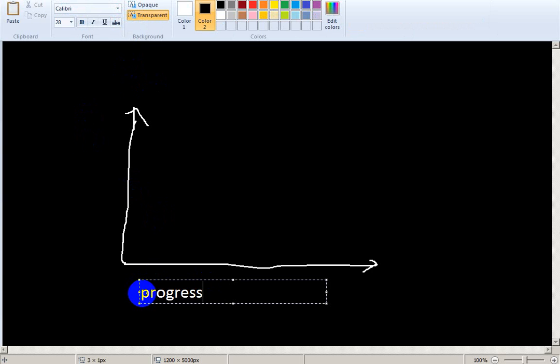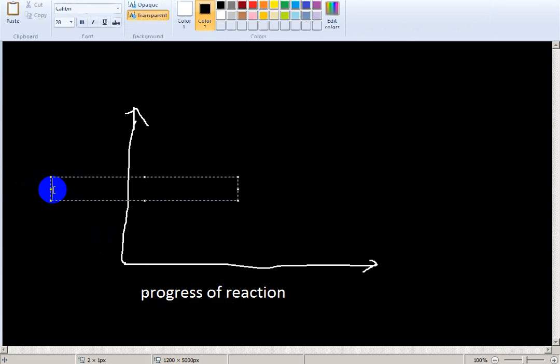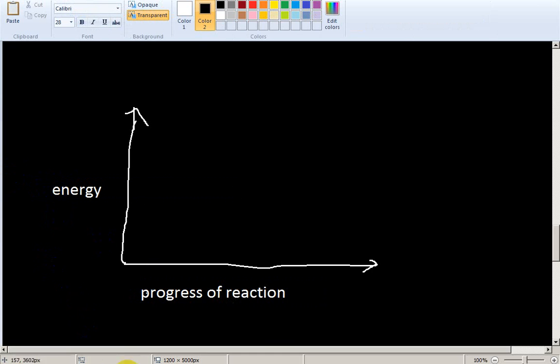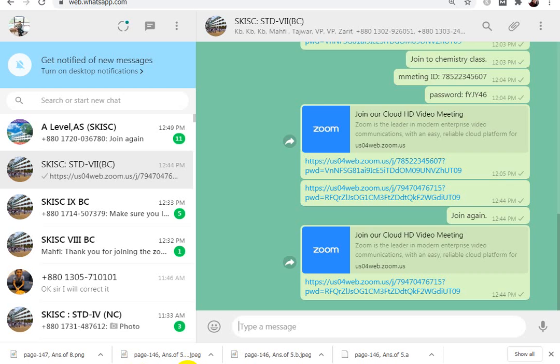The reaction is going this way, the reaction is forming. This is the progress of reaction. Here in the y-axis is the energy.